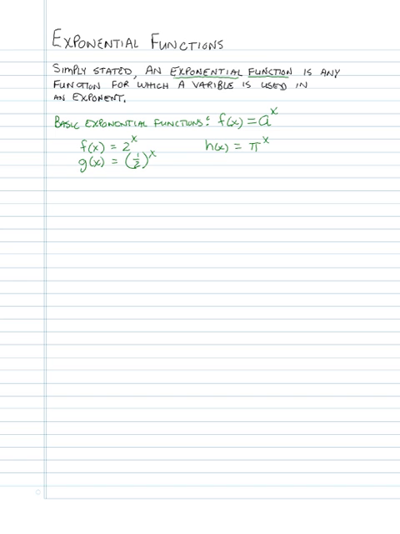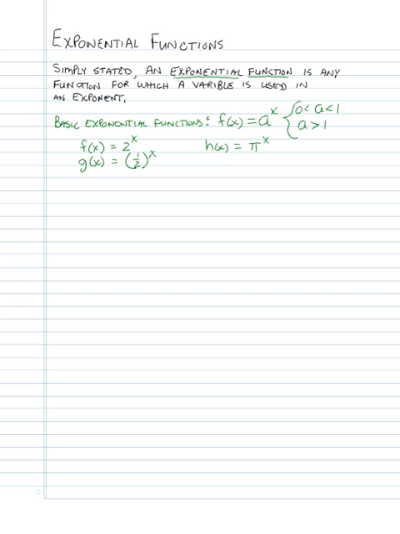Now, I might say that the only time that we consider this is if a is not negative or 0. So a has to be between 0 and 1, and if a is 1, it's not interesting, or bigger than 1.